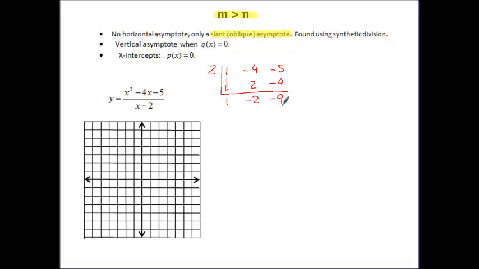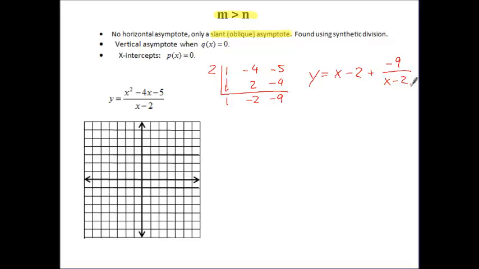We have a remainder, but that's not a problem. What does this tell us? We've got these numbers down here, 1, -2, -9. Remember, this tells us that our function is now 1x minus 2 plus a remainder of -9 over x minus 2.